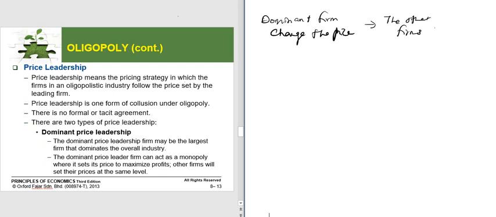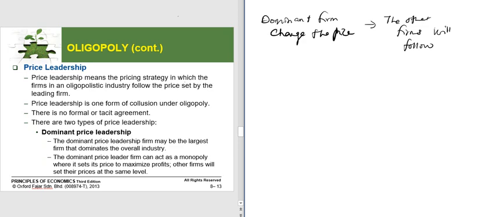The reason being is this dominant firm is usually the firm that has the largest market share in the oligopoly market, and it is considered long enough in the market that it knows a lot about the market strategy, the pricing strategy, and so on.